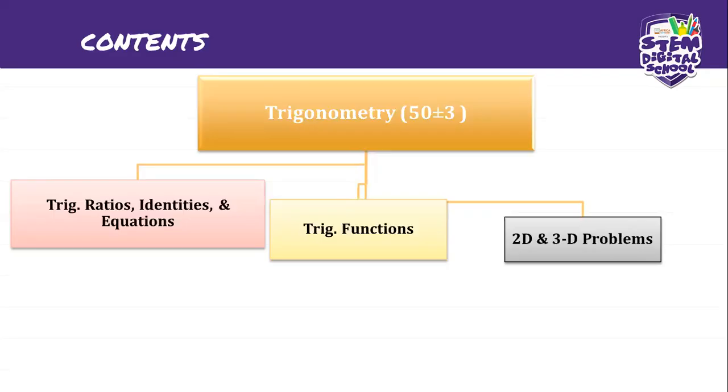So it's going to be just a revision so that by the time we write our trial examination and the final examination, we are well prepared. But today's lesson is going to be mainly focused on trig functions.